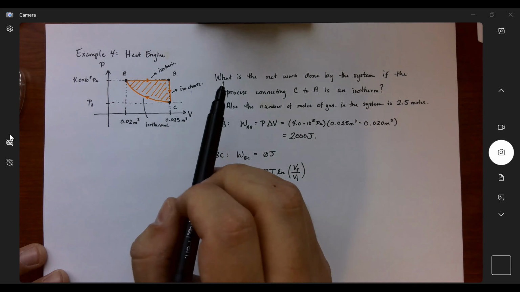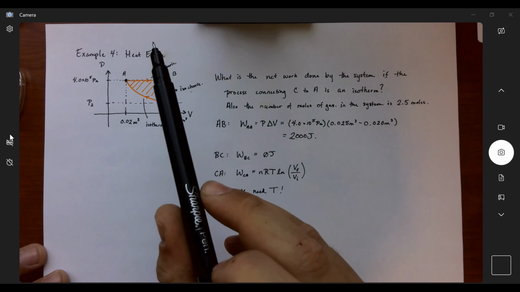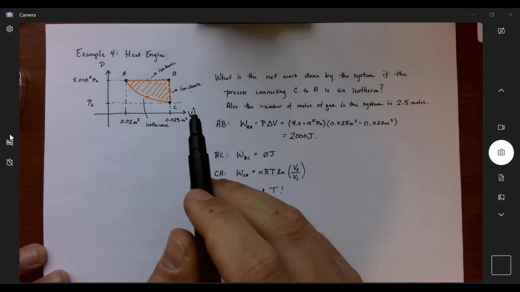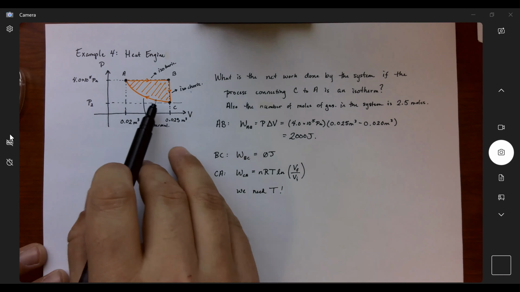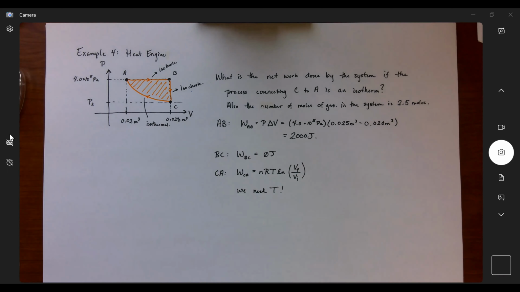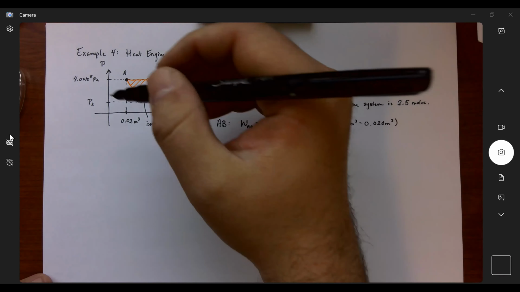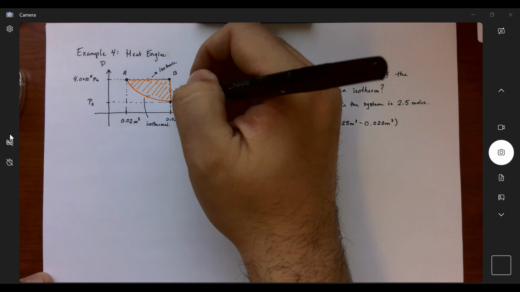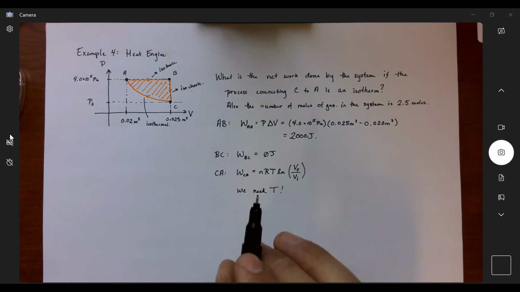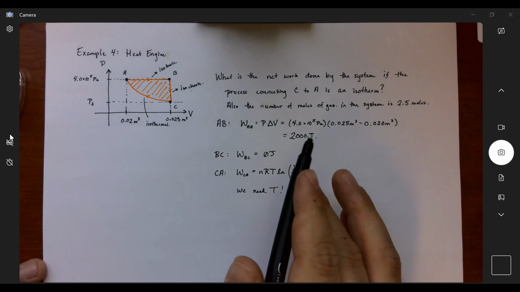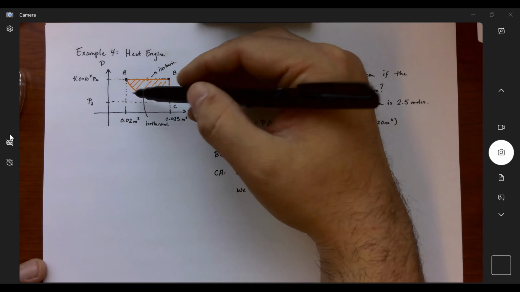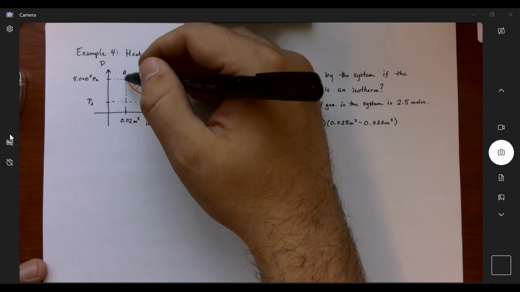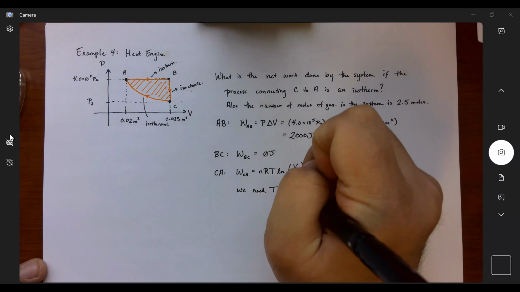What do we know about the system? Let's ask this. What do we know about this process? What's the first thing that we know about this process? It's isothermal, which means that the process doesn't change the internal energy and the temperature stays the same. So what we can figure out is what that temperature is at A or at C, because the temperature at A and C should be equal.